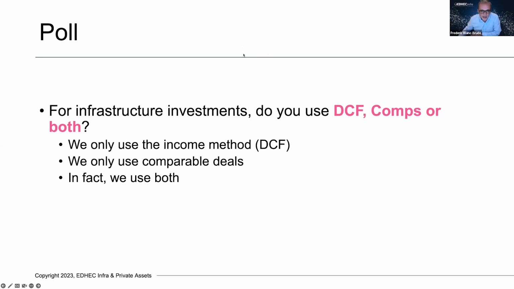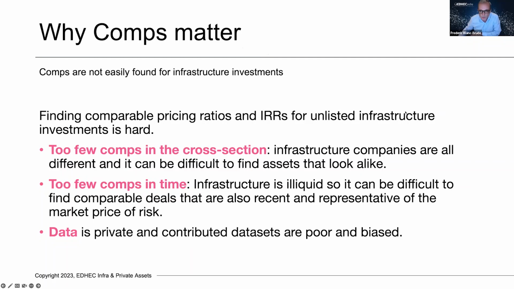So let me try and explain this a little bit. The problem we have with infrastructure and comps is that when it comes to pricing ratios or also yields, IRRs, etc., it's quite difficult to find. We have too few comps in the cross section, right? Infrastructure companies are quite different from each other. It's difficult to find assets that look alike. We also have too few comps in time because infrastructure is very illiquid.